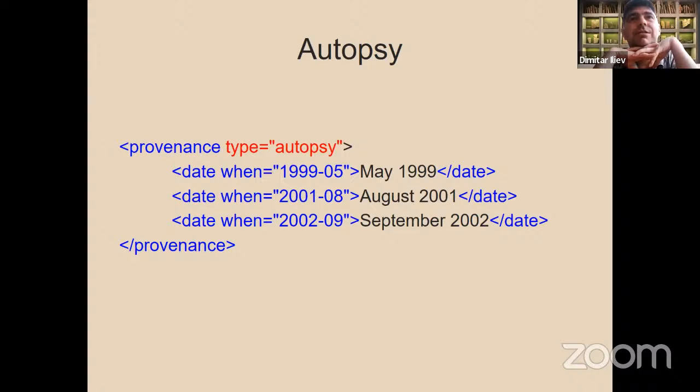As you can see, this is part of the metadata for an inscription which was last seen 3 times, in 1991, 1999, 2001, and 2002. But you can also do this in provenance type observed.